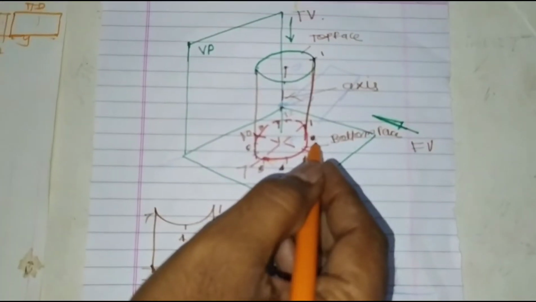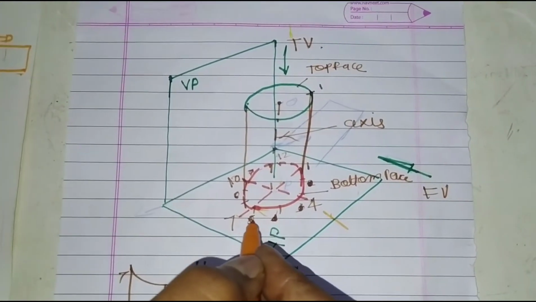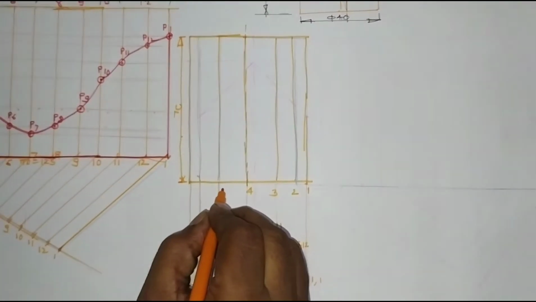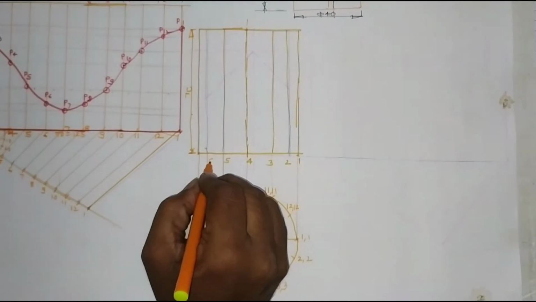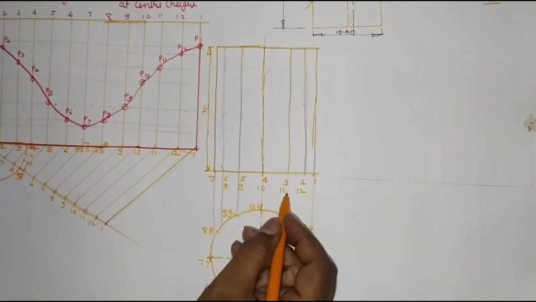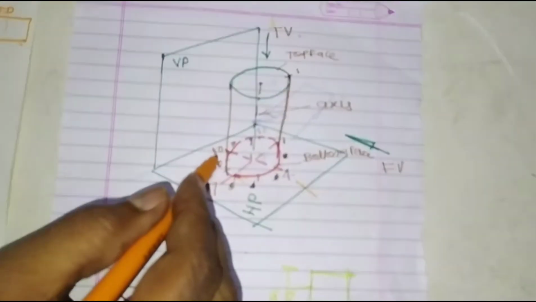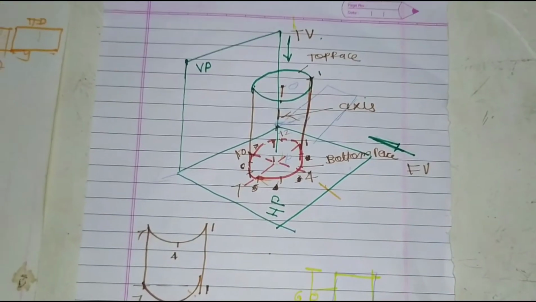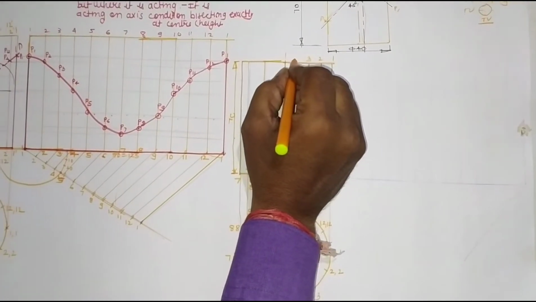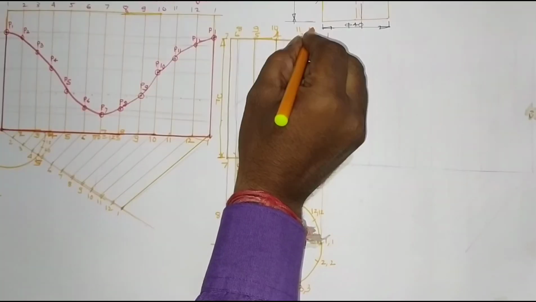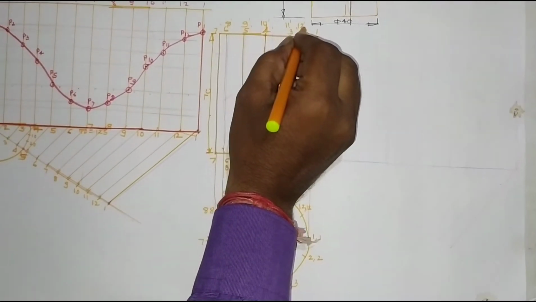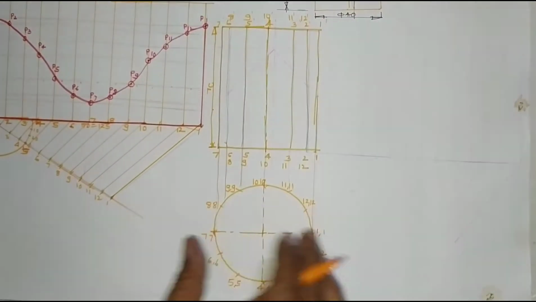On the front side the points are 1, 2, 3, 4, 5, 6, 7, 8, 9, 10, 11, 12. This is the back portion. Similarly, the top face has points 1, 2, 3, 4 up to 12. I will just add dots here, so we have completed the rectangle.